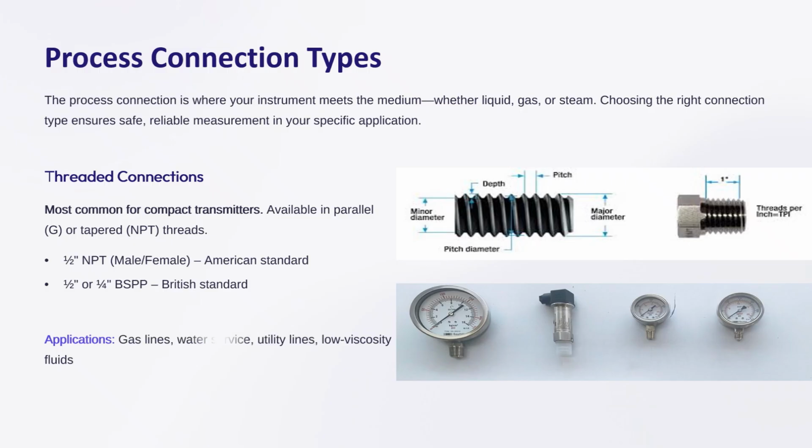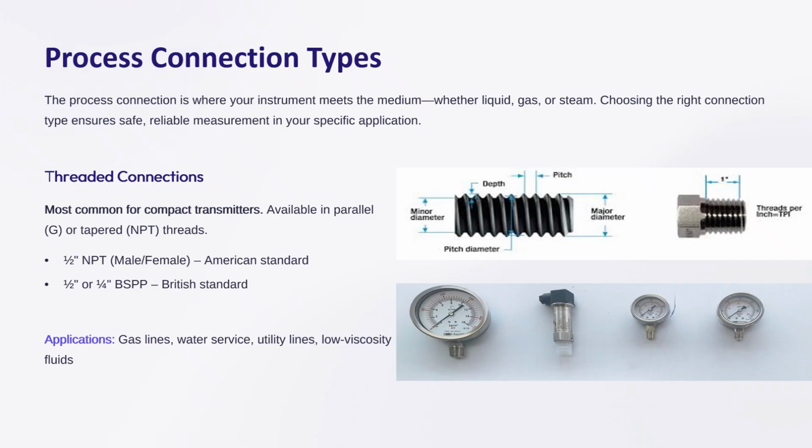M20 x 1.5, metric thread. These connections are mainly used in applications like gas lines, water service, utility lines, low viscosity fluids, and generally made of SS316, brass, Monel, Hastelloy, depending on process media.